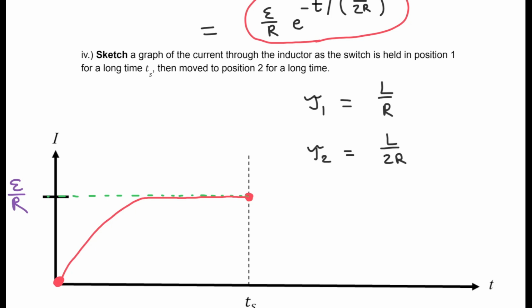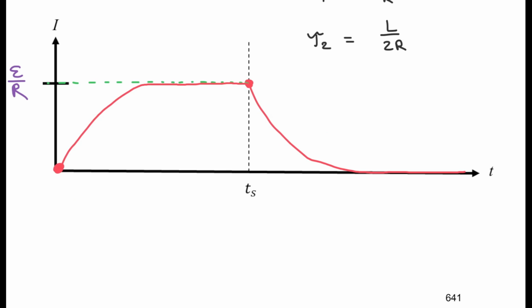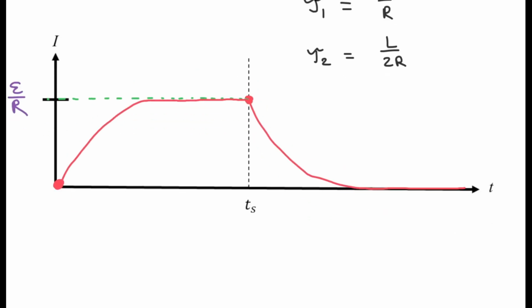So actually, it should take less time for the relative discharge to happen versus the charge, if we were to look at those sorts of graphs. So I'm actually going to make a very rapid exponential decay. So that would be kind of what our graph would look like.